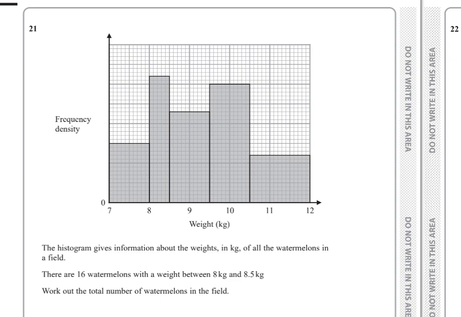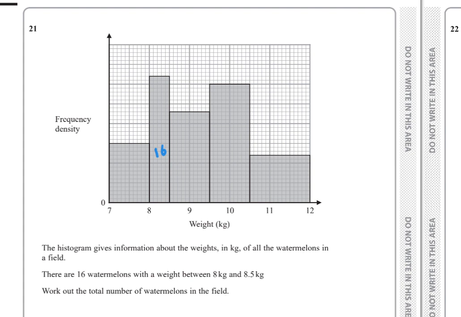Question 21. The histogram gives information about the weights in kg of all watermelons in a field. There are 16 watermelons with a weight between 8 kg and 8.5. So the area of this rectangle equals 16. Work out the total number of watermelons in the field.